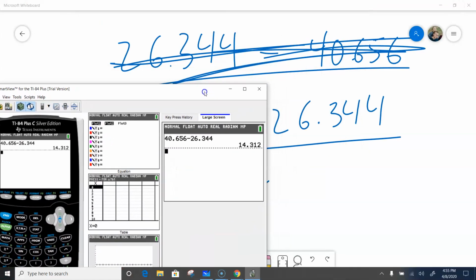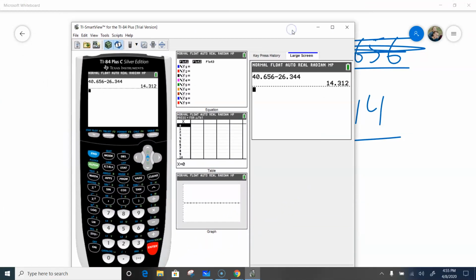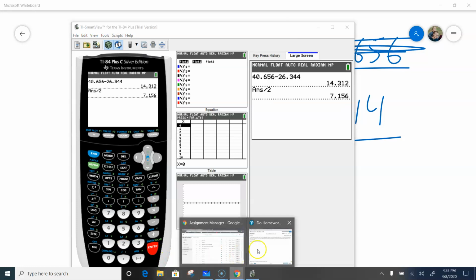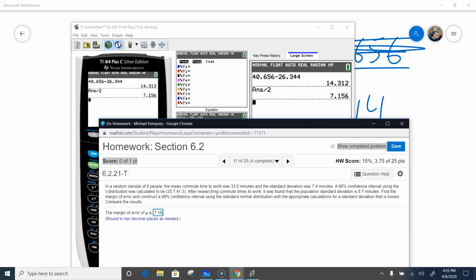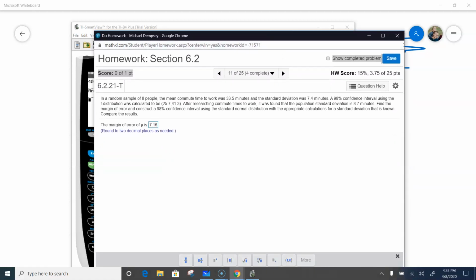So I want to subtract those first, and then I'm going to divide that by 2. So that's my margin of error, 7.156. It's going to be smaller than what it was for the t-distribution. So at 2 decimal places, that's 7.16.